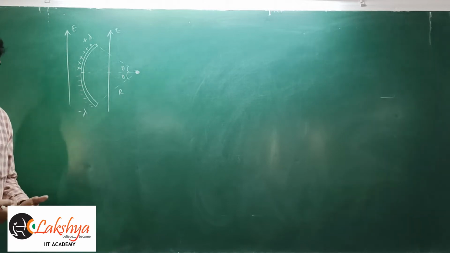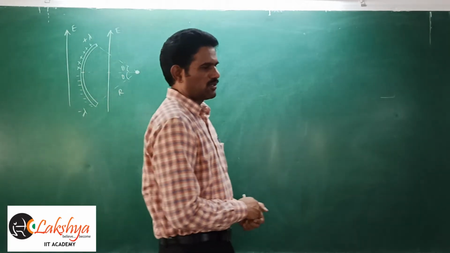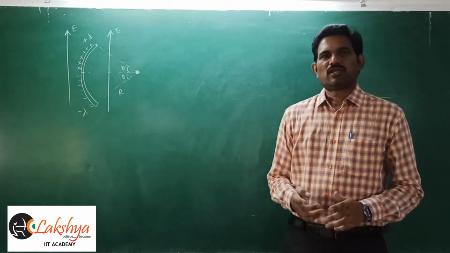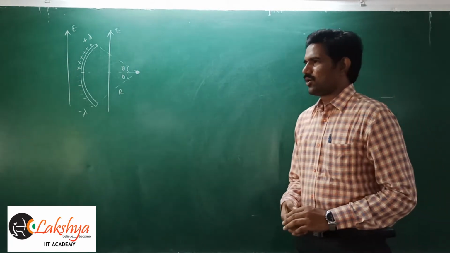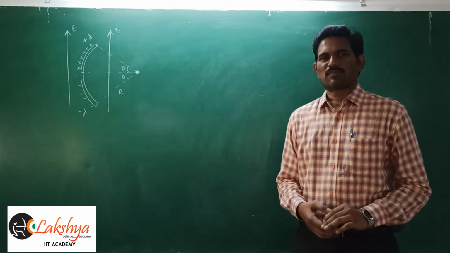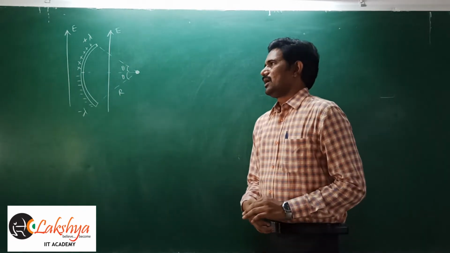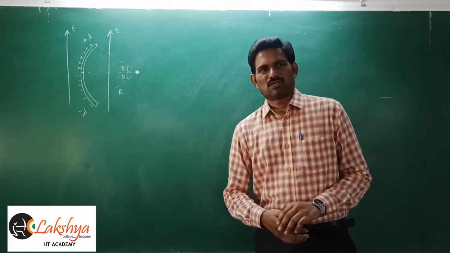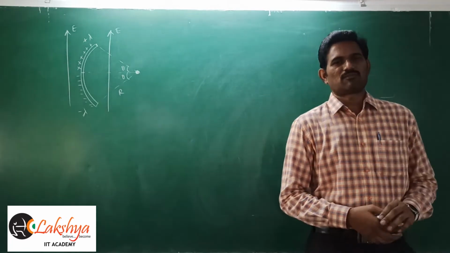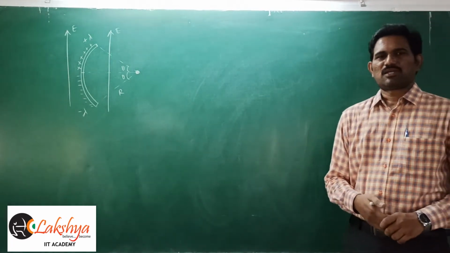Half of the arc has linear charge density plus lambda, and the other half has linear charge density minus lambda.